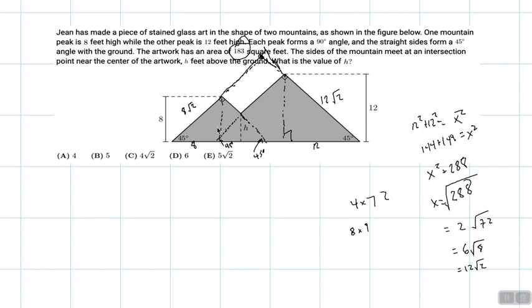Oh, so yeah, if we're looking at the area of this triangle here, it's one half times 12 and then the base.